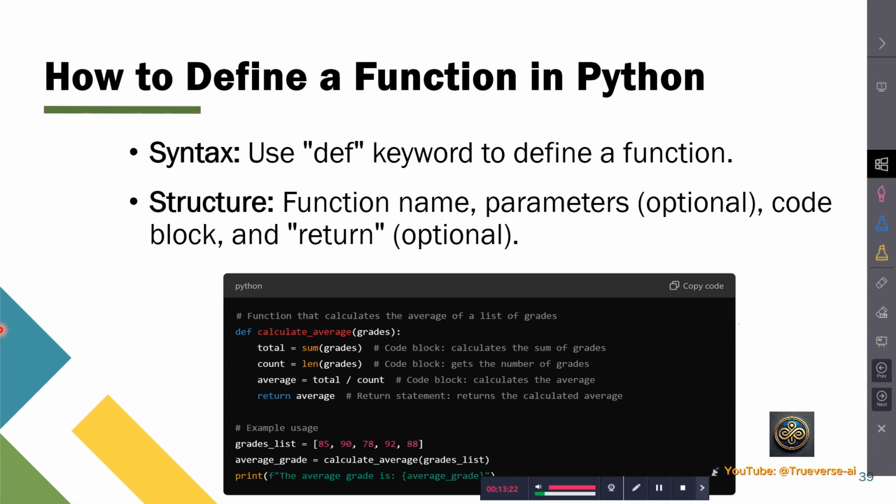So when you go to define a function, here we have the syntax def. To define a function, we use the def keyword, followed by the function name, parentheses, and a colon to indicate the start of the function block.